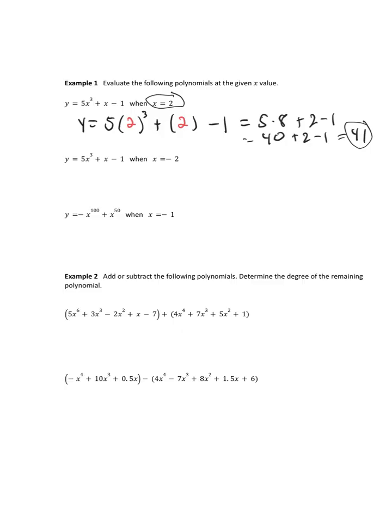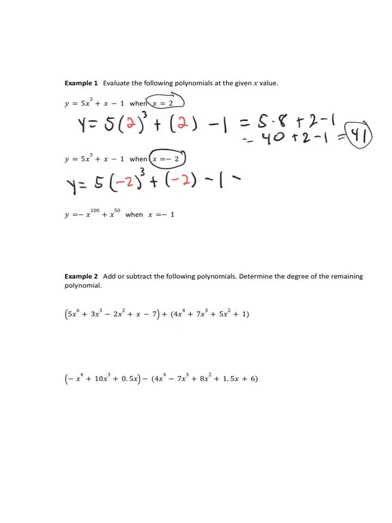So you got to be a little bit careful here. We talked about this before, especially when you have negative numbers. So if I were plugging in now negative 2, this would be 5 times something cubed plus that something minus 1. And then we say, okay, we're going to plug in a negative 2. Now that makes a difference here for the exponents and order of operations and everything. So that's why I'm real careful about the parentheses.